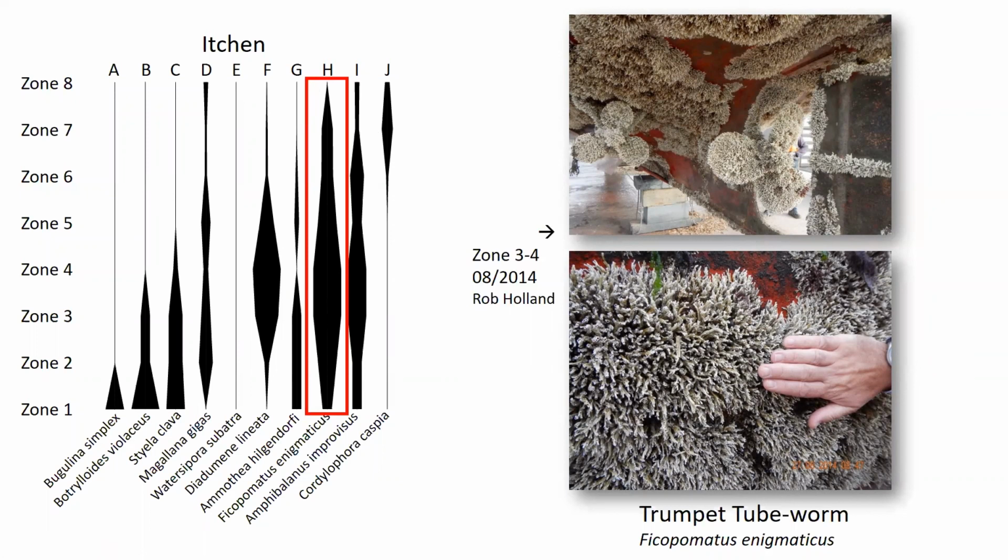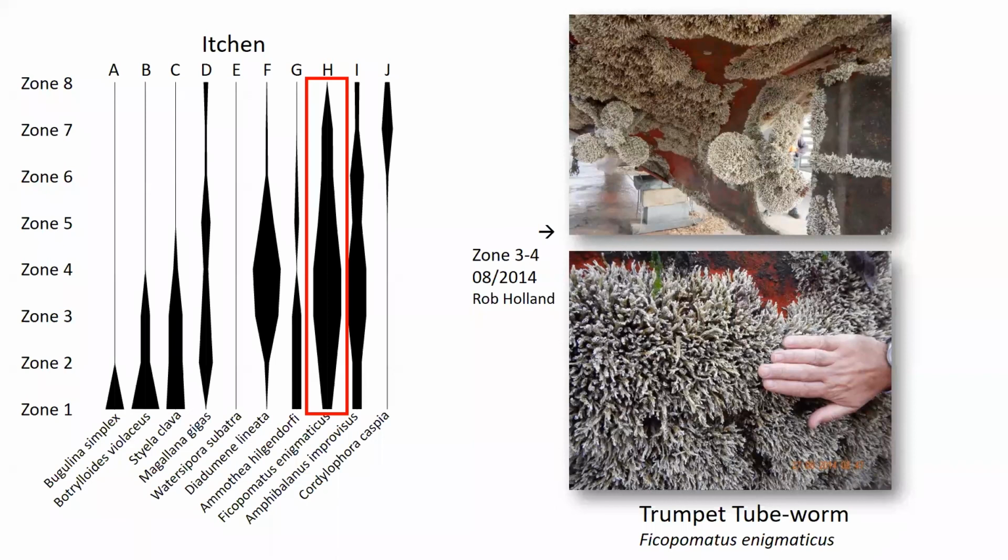And in August 2014, Rob Holland, who's an ex-MBA person, sent me these nice photographs of the boat owned by Oil Spill Response Limited, which is based on the Itchen, with the boat moored on the Itchen.